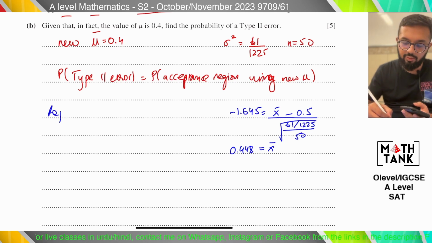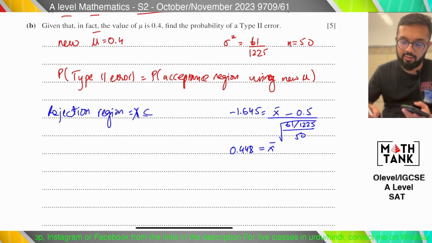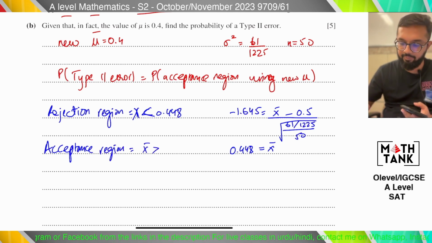So my rejection region was x bar less than 0.448. So my acceptance region should be what? x bar is greater than 0.448. Then can I calculate the probability of this?